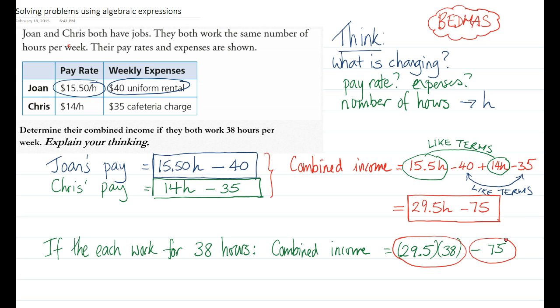So we do the multiplication first, according to BEDMAS, and then subtract the 75. When I multiply 29.5 by 38, I get 1121. Then 1121 minus 75 gives, for my final answer, $1,046.